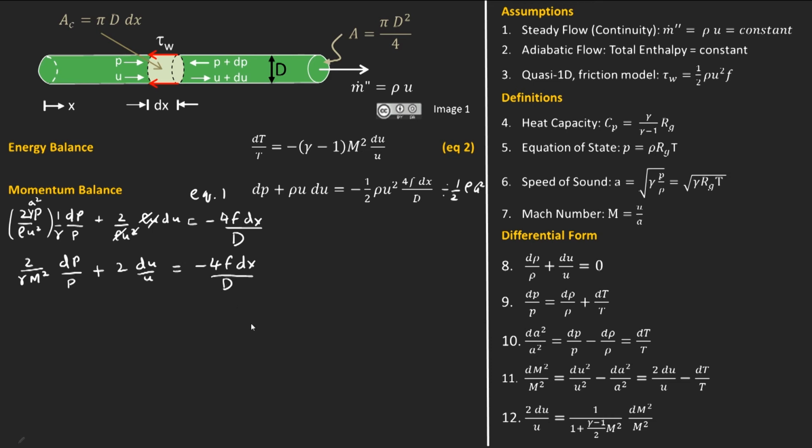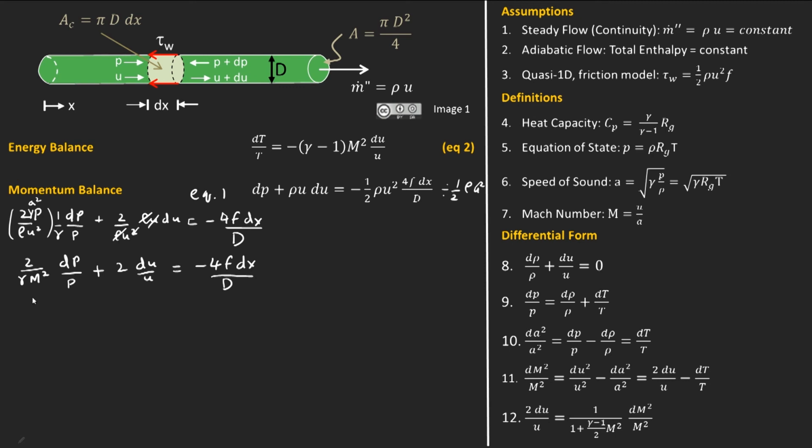Looks like we made some progress, at least in terms of casting the equation in terms of a differential of a variable over a variable. But we still have pressure, which is not a variable for which we have a direct relationship with Mach number as of yet. In order to move forward, we'll look at equation 9 on the right, which was the differential form of the equation of state, and simply substitute for dp over p using this equation.